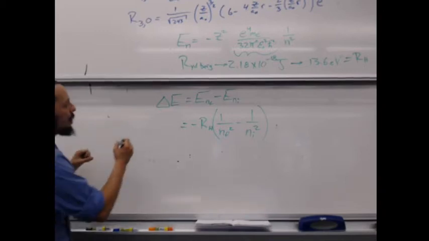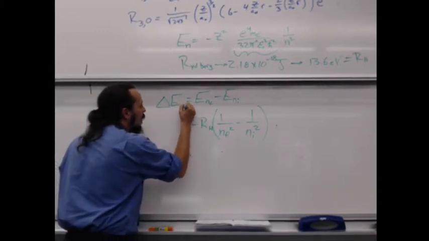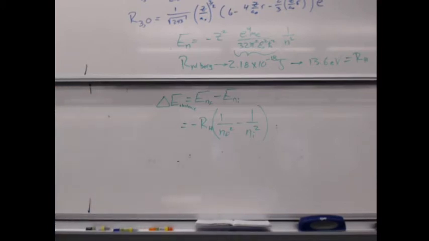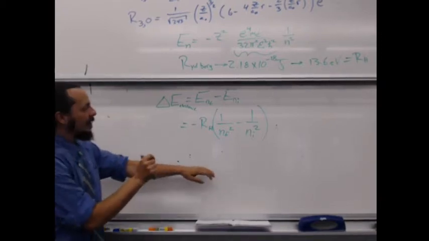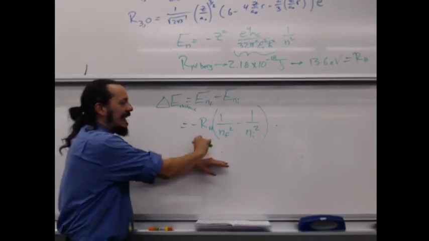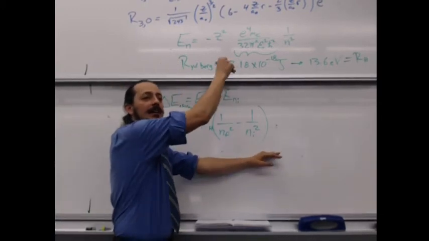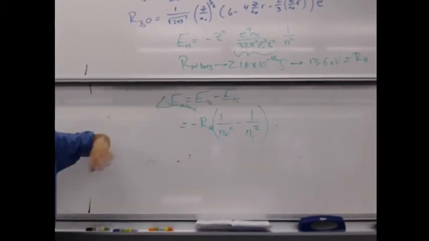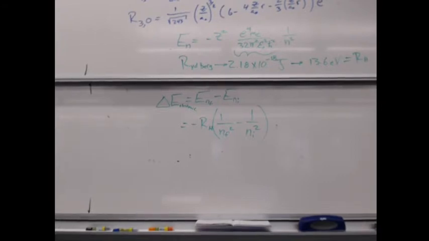I'm going to put a little subscript on this E that you're probably not going to be able to read from the back of the room: I put delta E electronic on there. This is looking at those electronic transitions, taking an electron and exciting it from one state to another, or looking at an electron falling from a higher state to a lower state, and looking at the change in energy associated with that electronic transition. Not the vibrational, not the rotational, the electronic transition.